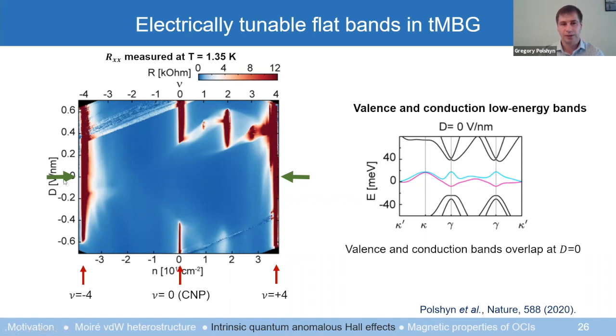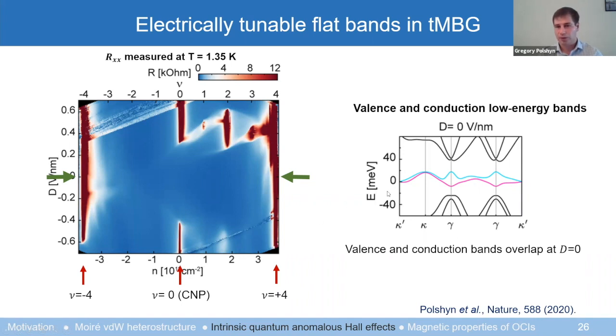The displacement field enables us to tune the system over several different regimes. For example, at zero displacement field, we see only insulating states at the so-called superlattice peaks at plus minus 4 electrons per Moire unit cell, but there is no insulating state, for example, at charge neutrality point.